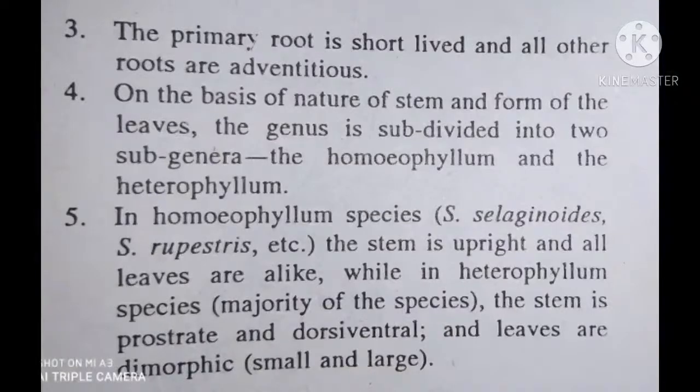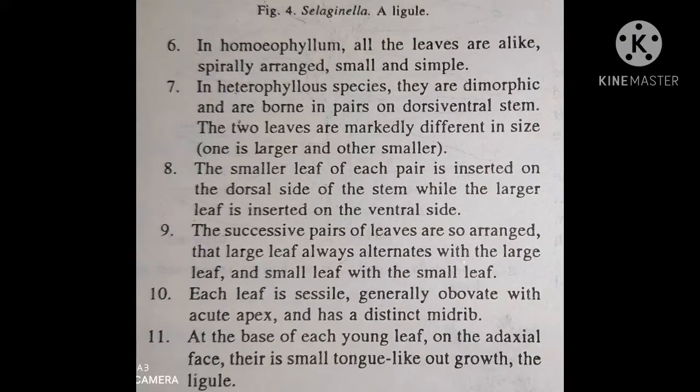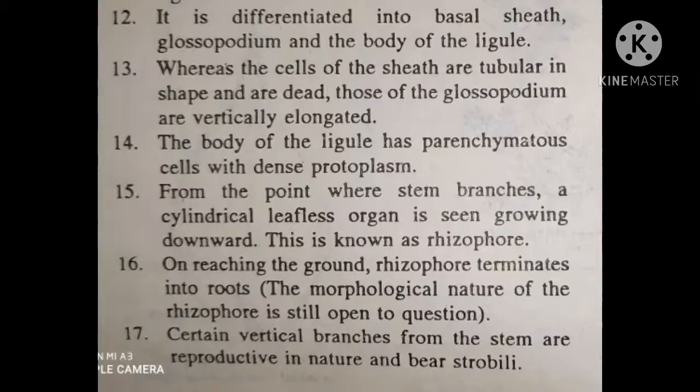Heterophyllous species show two types of leaves. Their stem is dorsiventral. The two types of leaves, one is small and the other is large. The smaller leaf of each pair is inserted on the dorsal side of the stem, whereas the larger leaves are inserted on the ventral side of the stem.